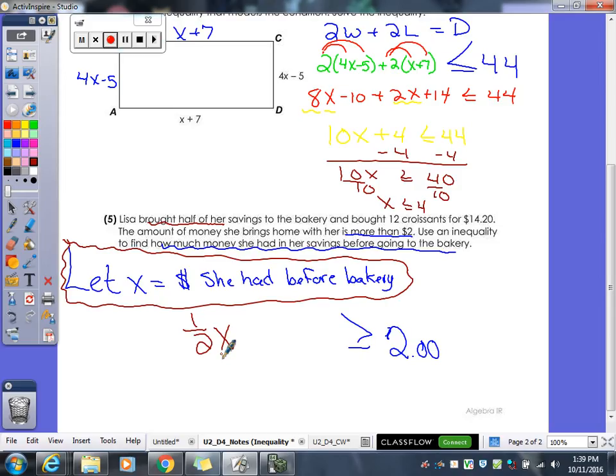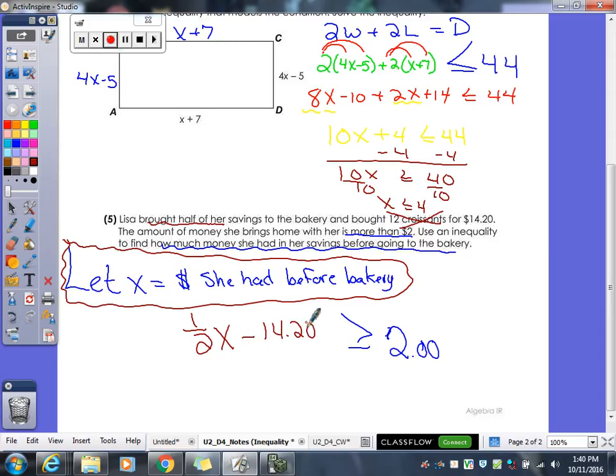She bought 12 croissants for $14.20. What's the extra information there again? I don't care what she bought, right? That's extra. I want to know how much she spent. She spent $14.20. Am I going to add that to my money or subtract it from my money? Subtract $14.20. Now it's not so bad.